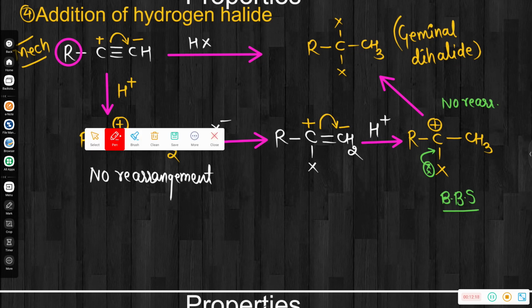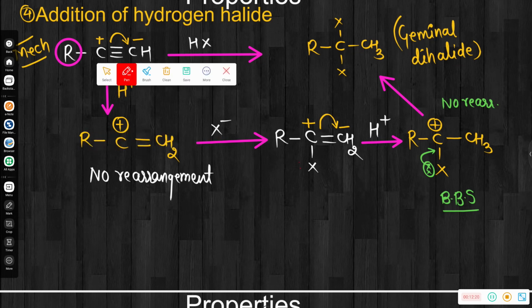What is that? Carbocation means an empty p orbital is there, so back bonding occurs. Due to back bonding, there is no rearrangement. Actually you can say a withdrawing group attached decreases carbocation stability, but here back bonding comes. That is the reason a geminal dihalide is formed.